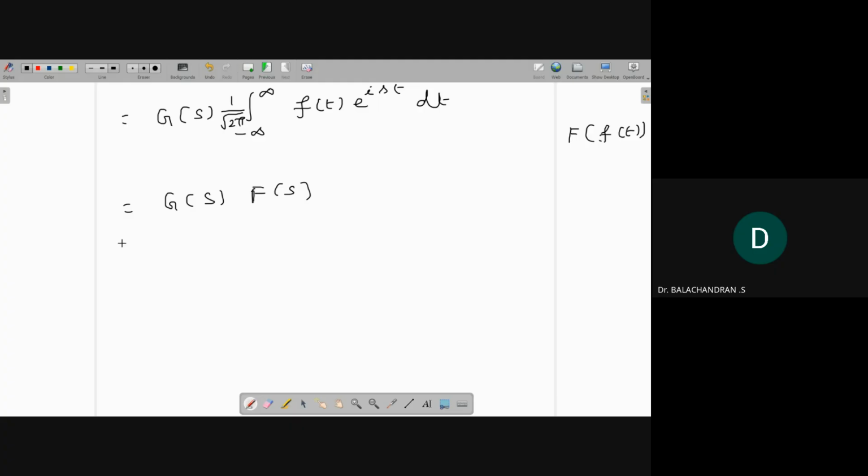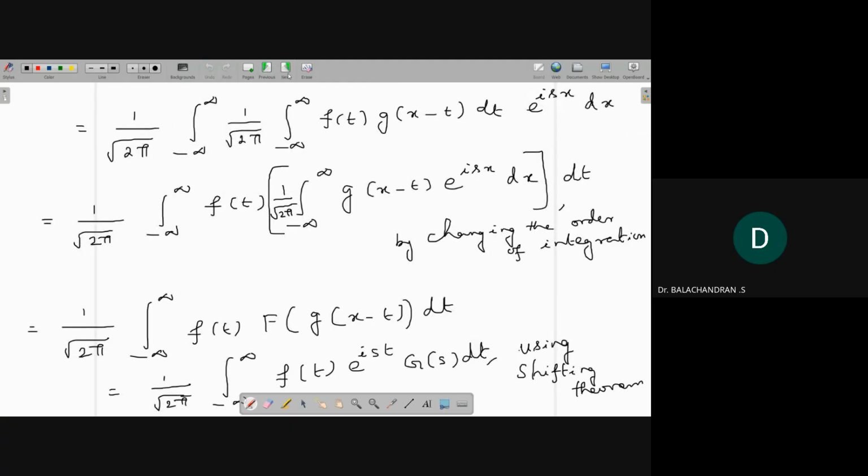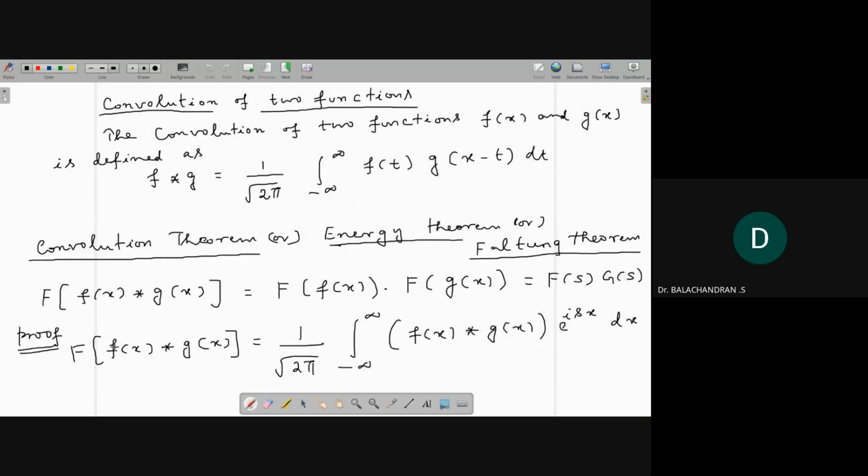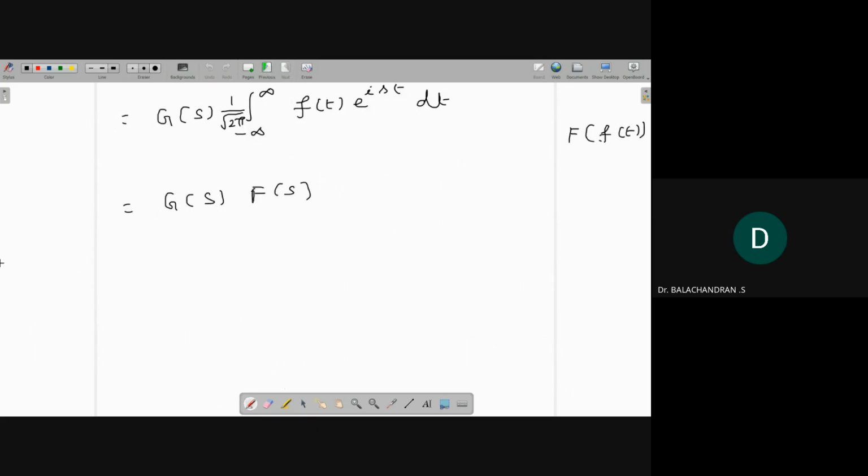So the left hand side is, you can see here, the Fourier transform of f of x convolution g of x, which is equal to F of s into G of s. So the proof is over. So write a note.